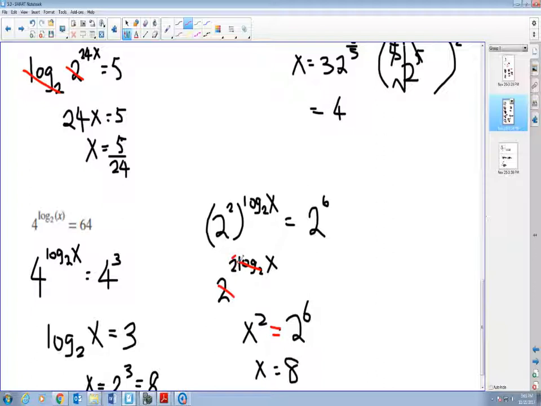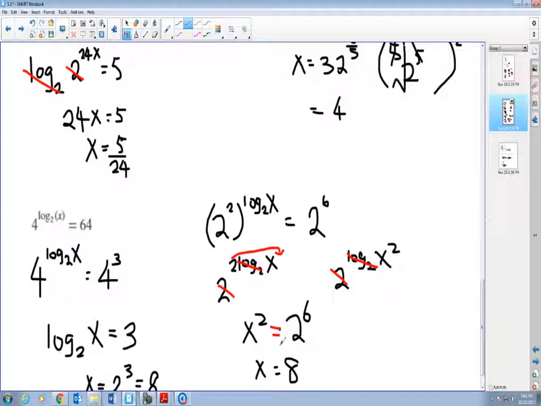That means this 2 in front can go back up to the top, onto the x. So I actually end up with log with the base 2 of x squared. What really cancels out here is the base 2 and the log with the same base. So that leaves me with the x squared.